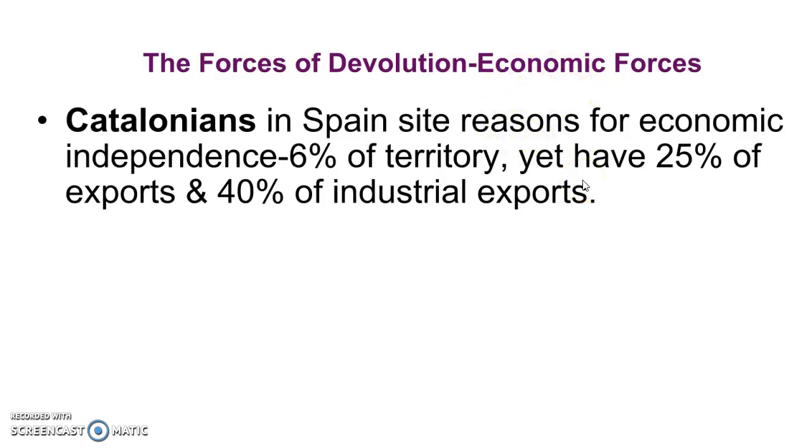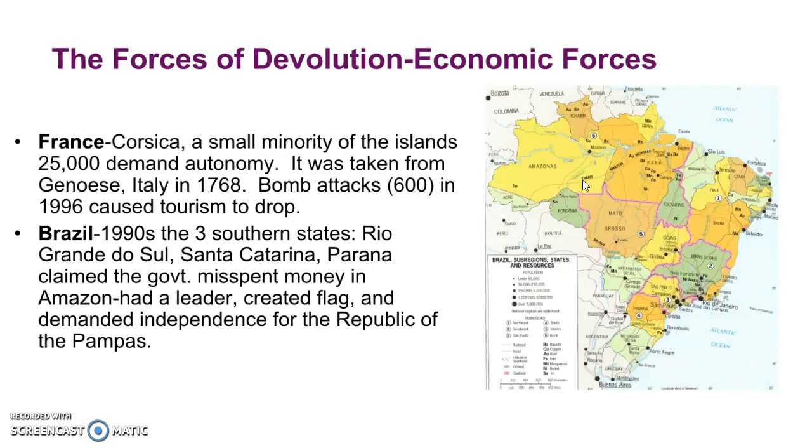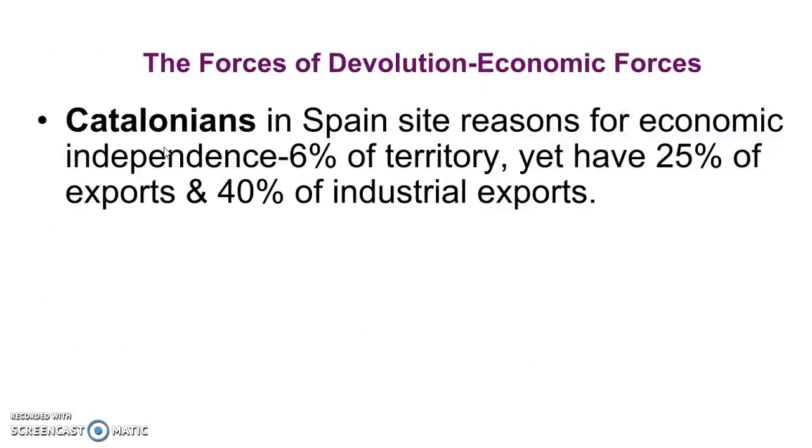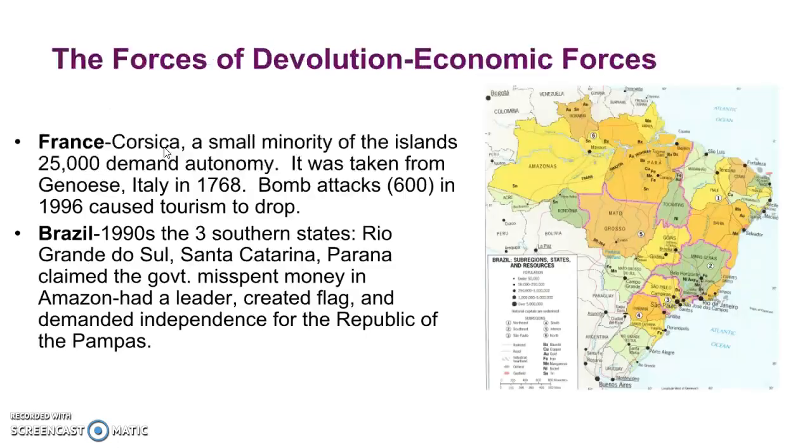So remember that one. Another two here are France and Brazil. You guys can take these notes down. I got these examples just in case you didn't remember. So Corsica, and then you could remember these three cities. I'd probably go with the Corsica example, and then also the Catalonia example if you're going to talk about the economic forces here. All right.